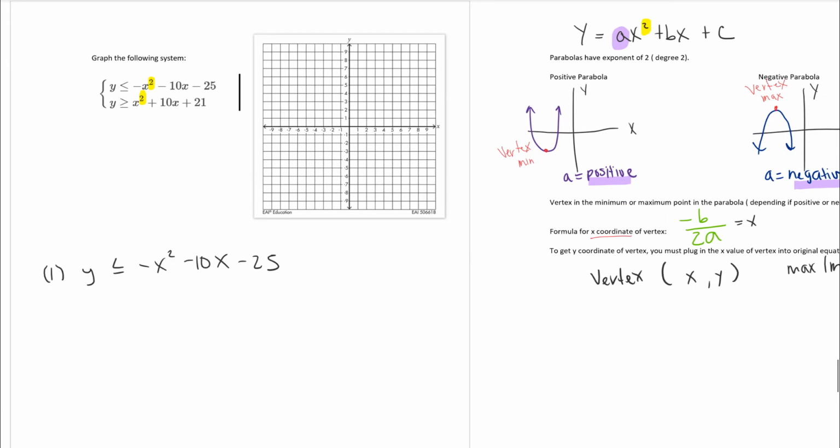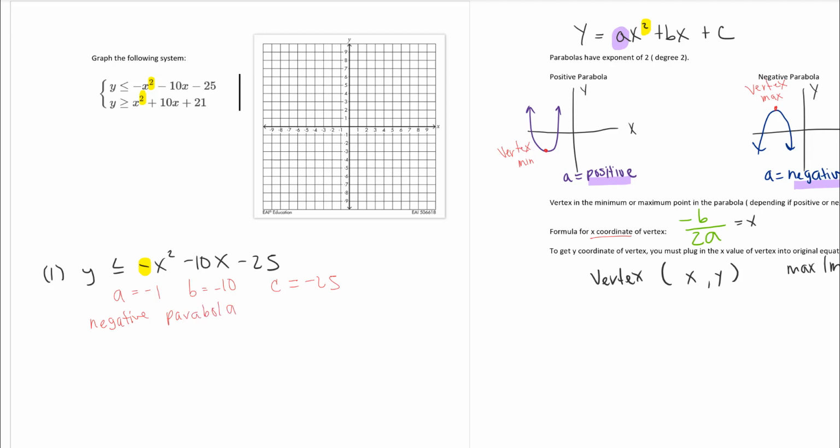So looking at this first equation, where y is less than or equal to negative x squared minus 10x minus 25, I can look at this coefficient, and that's my a value. So here my a value is negative 1, my b value is negative 10, and my c value is negative 25. Since a is equal to negative 1, I know that this is going to be a negative parabola.